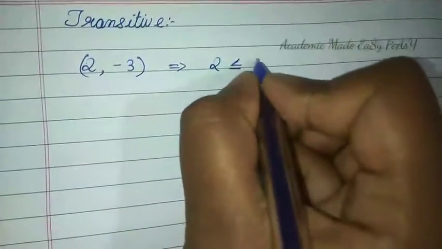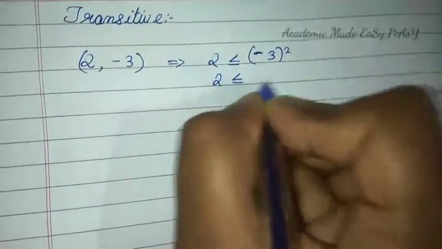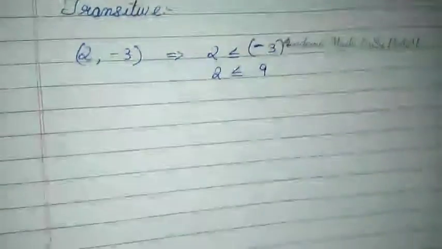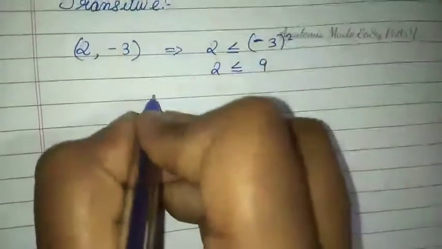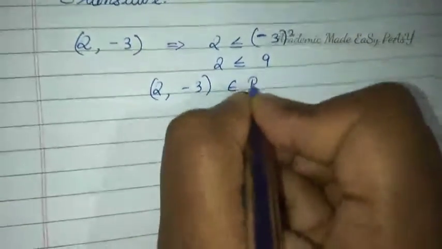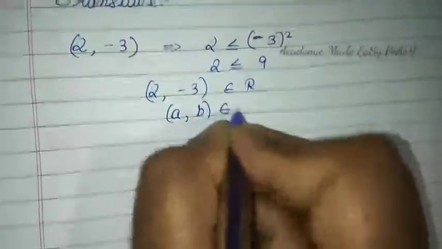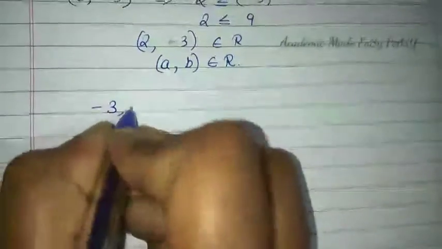or transitive. So for example, we'll take 2 and minus 3. Okay, apply the condition: 2 is less than or equal to minus 3 the whole square. 2 is less than or equal to 9. Okay, so this condition gets satisfied. So (2, minus 3) belongs to R. That is, (A, B) belongs to R. Then after that I'm taking (minus 3, 1).